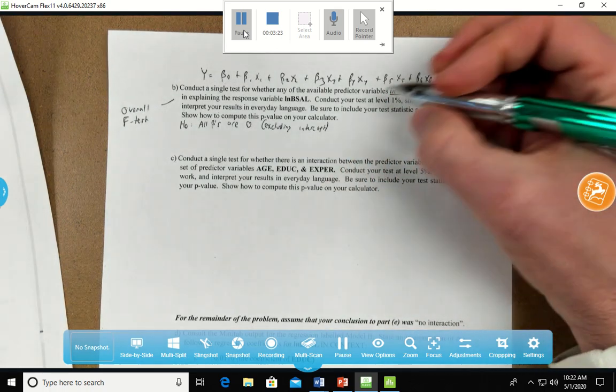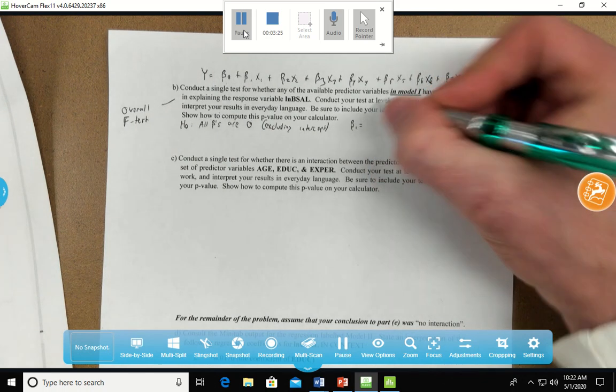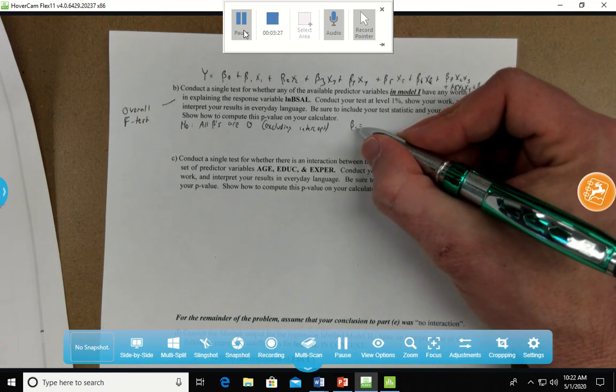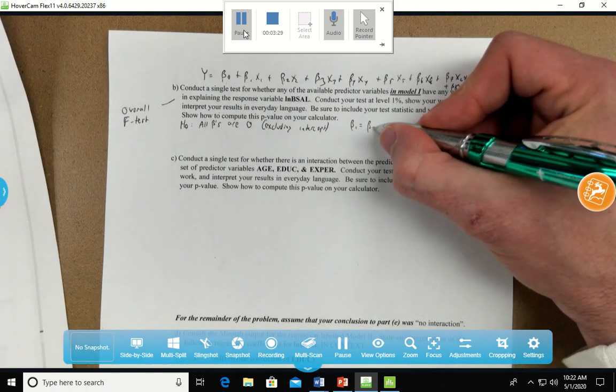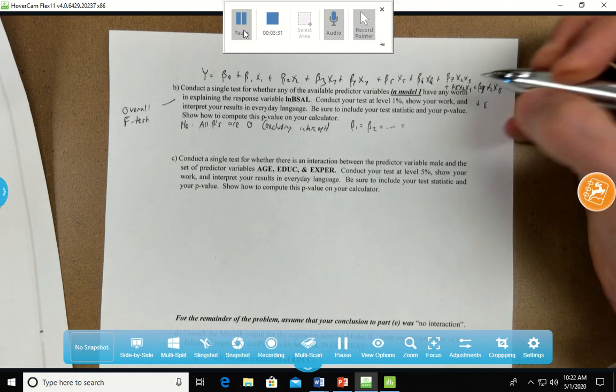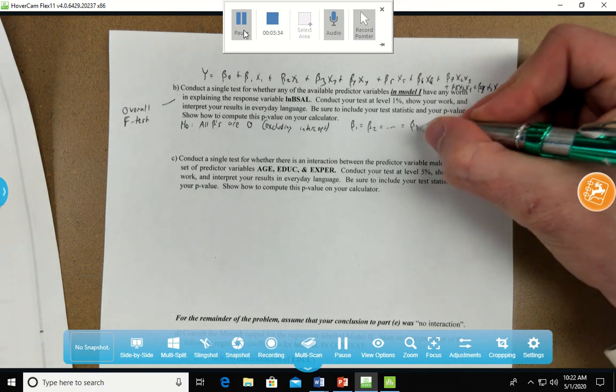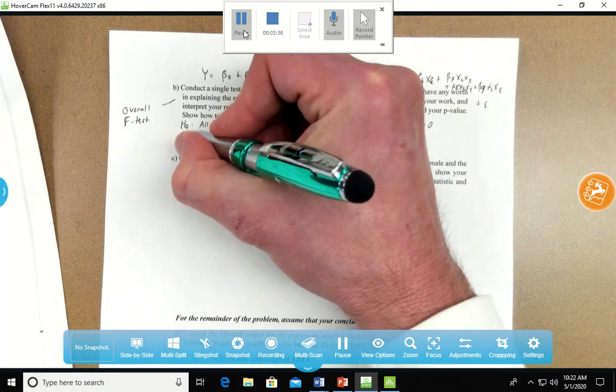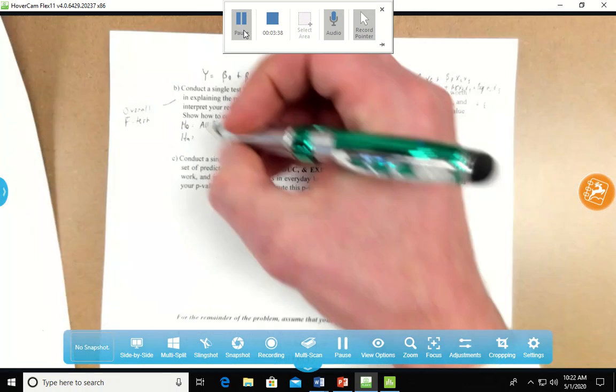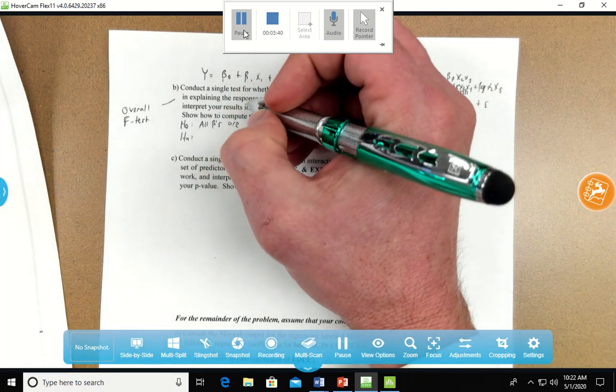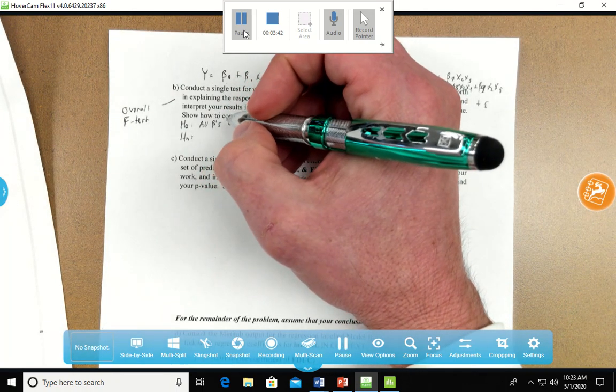So probably a better way to say this would be beta 1. Remember, for the null hypothesis, you don't include beta naught. Beta 2 through beta 9 are all equal to 0. Remember, the alternative is not that none of them are 0, or that all are non-zero. Sorry, that's not the negation.